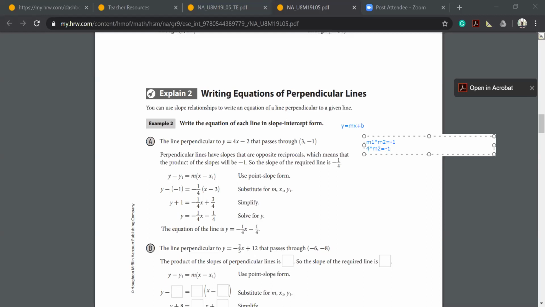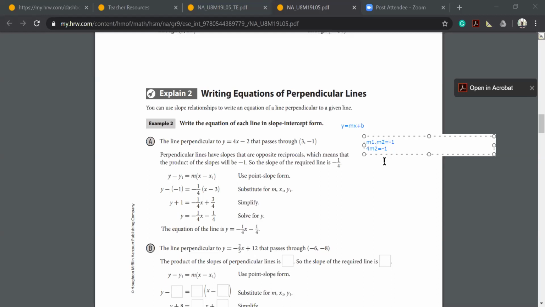Very well. How can I find m2? What should I do? I should remove 4 from here, right? This is 4m2 equal to -1. Girls, the thing I'm doing here is a multiplication. It's like a dot. If the multiplication is confusing you, we can put a dot.